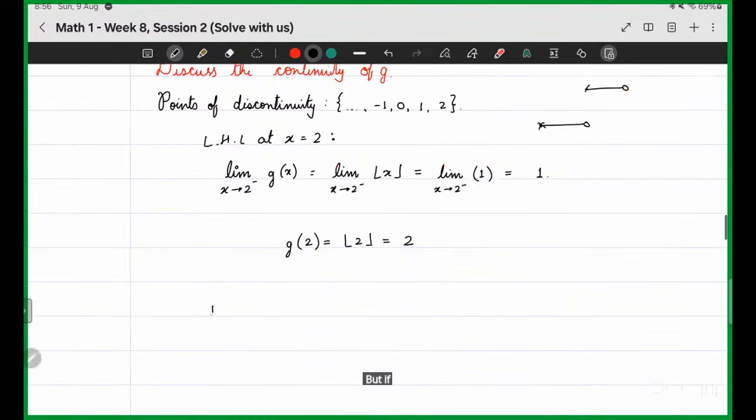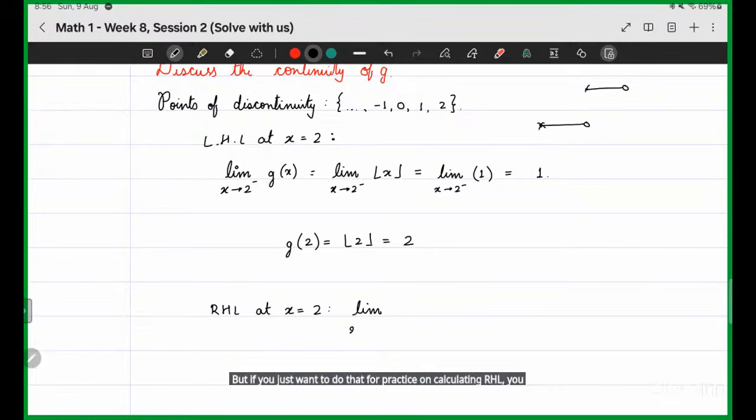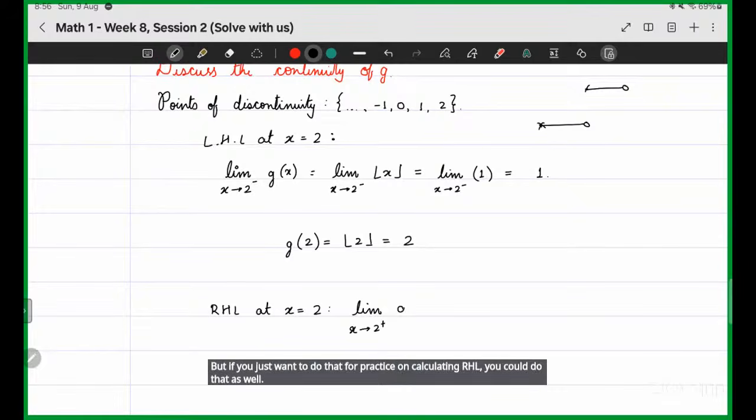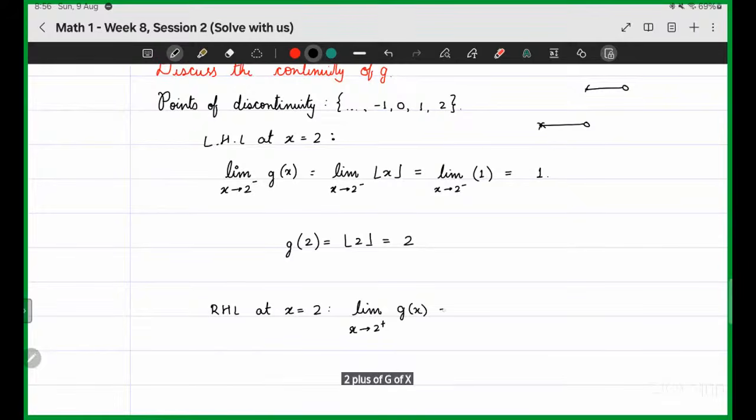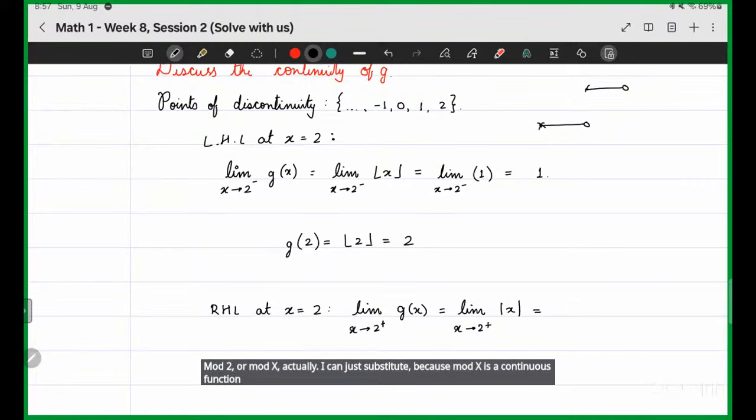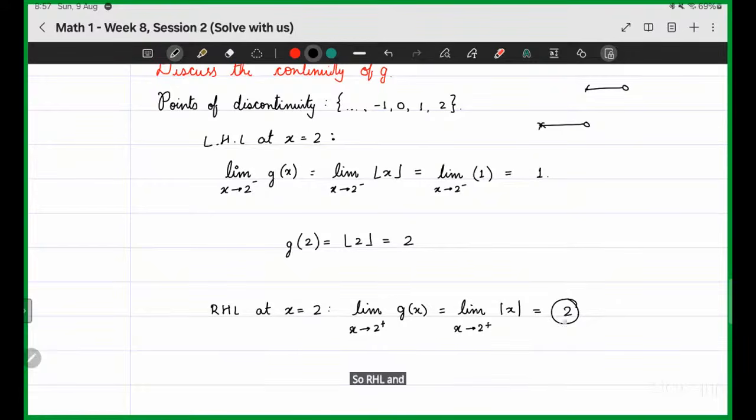But if you just want to do that for practice on calculating RHL, you could do that as well. The limit as x approaches 2 plus of g of x is mod x. I can just substitute because mod x is a continuous function. So this would still just be 2. So RHL and the function value are the same, but the LHL is different.